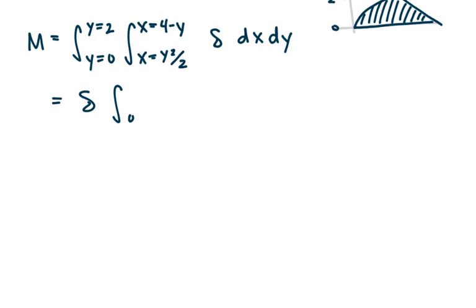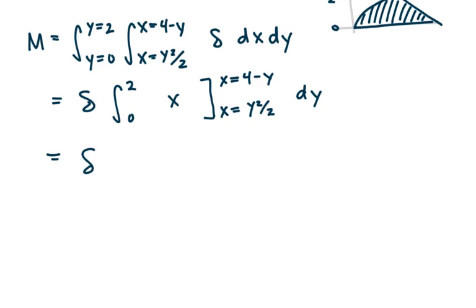Delta integral from 0 to 2, and then I have x, and I need to evaluate x. x equals 4 minus y, and x equals y squared over 2. So I've got delta, the integral from 0 to 2, of 4 minus y minus y squared over 2.